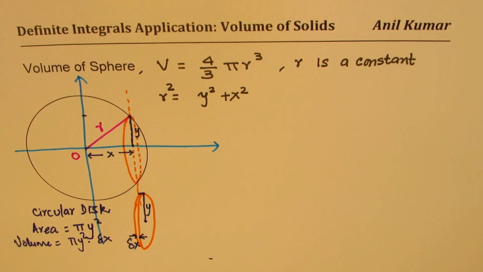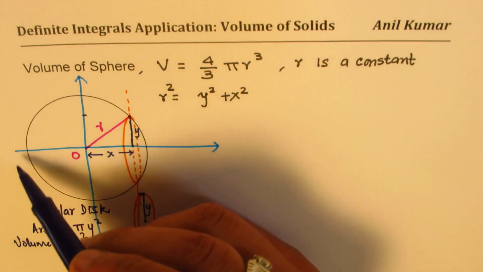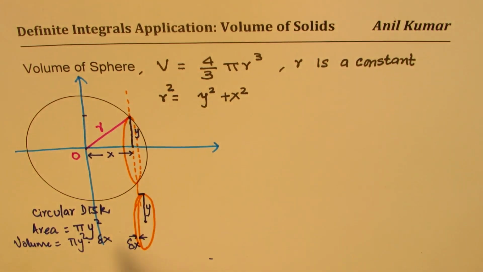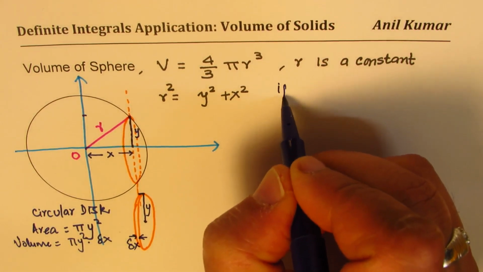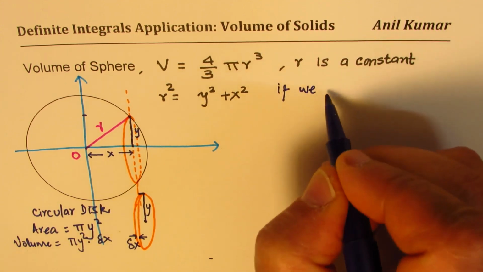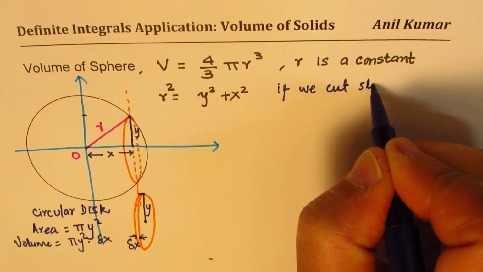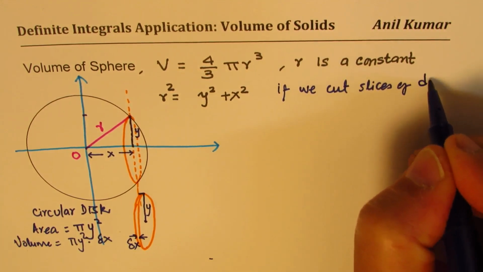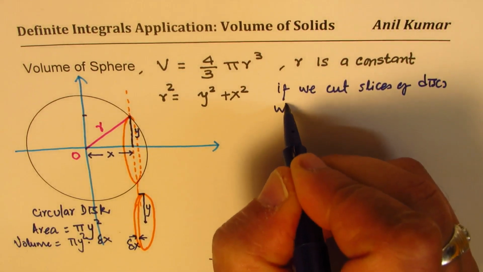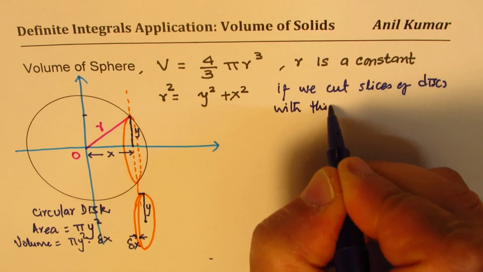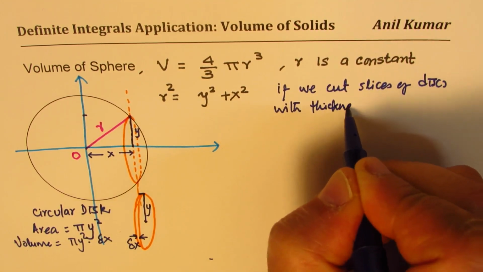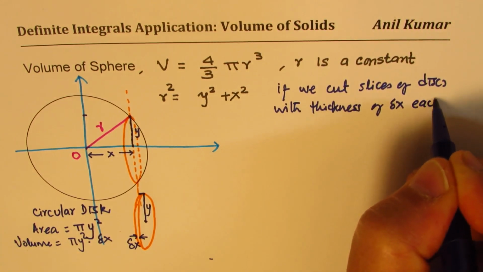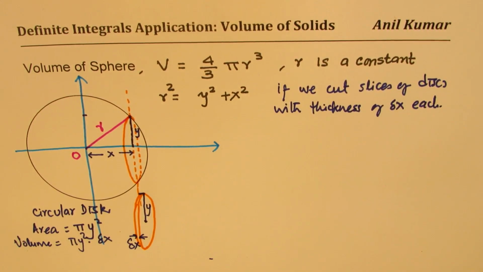Now think about our sphere cut into infinite disks of this form, right? So if we cut slices of disk with thickness of delta x each, then what happens?